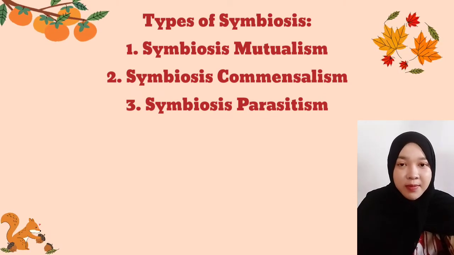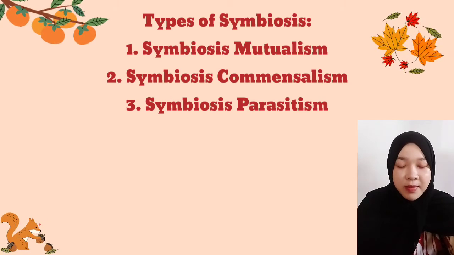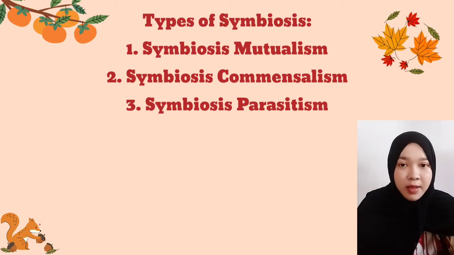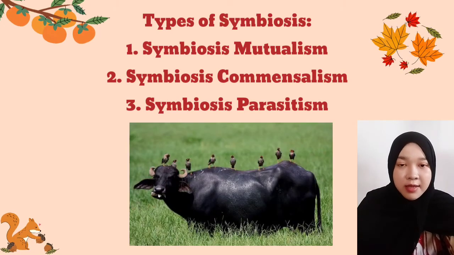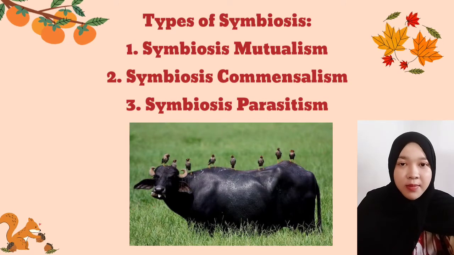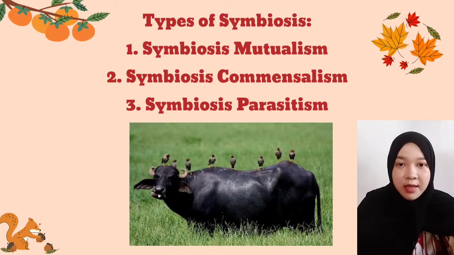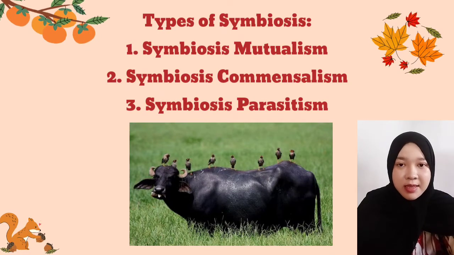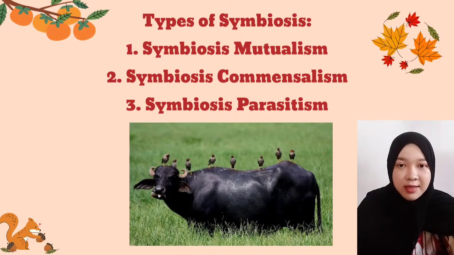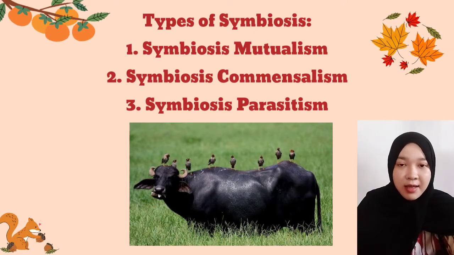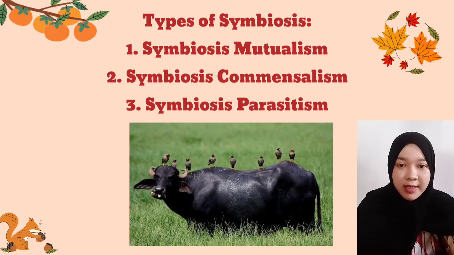A mutually beneficial relationship between two living things. Example, buffalo and starlings. The buffalo's body becomes clean because the lice on its body are eaten by the starlings, while the starlings get food because they eat the lice on the buffalo's body.